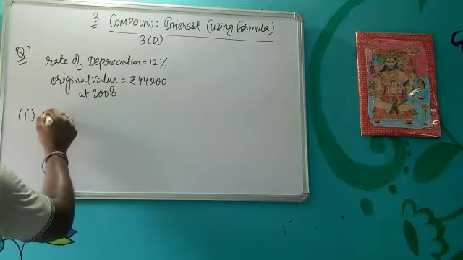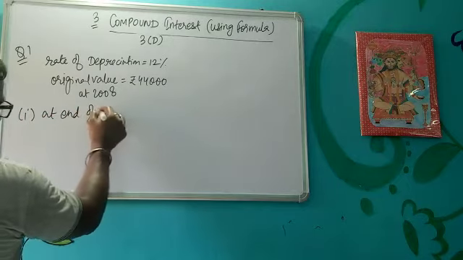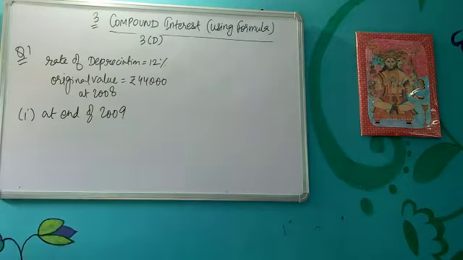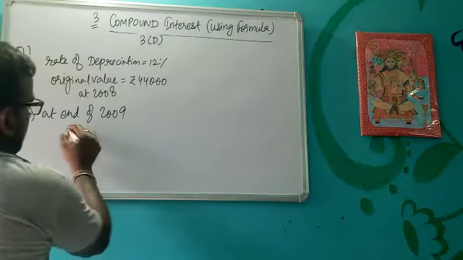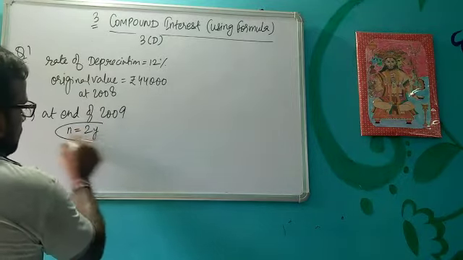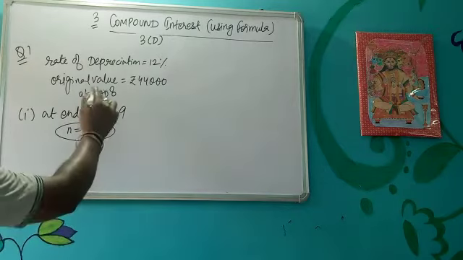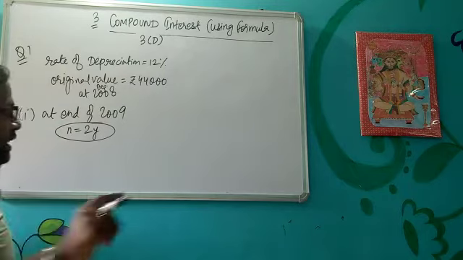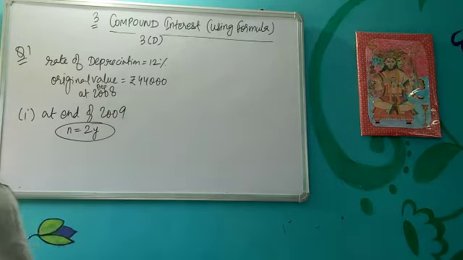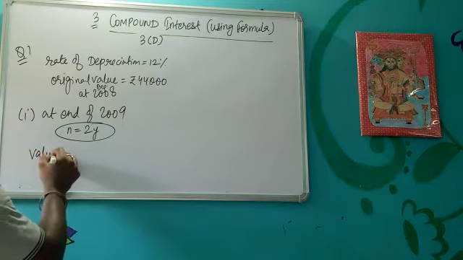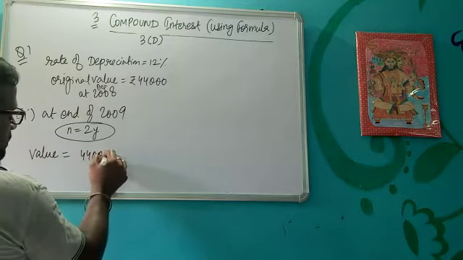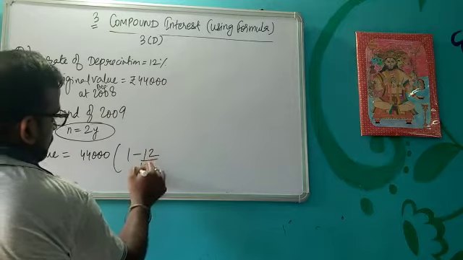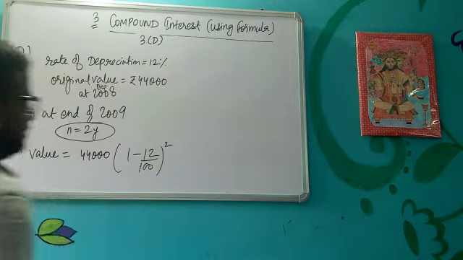So at the end of 2009, that means the whole year of 2008 and the whole year of 2009, it will make n equal to 2 years. So the value will be 44,000 into (1 minus 12 upon 100) squared.